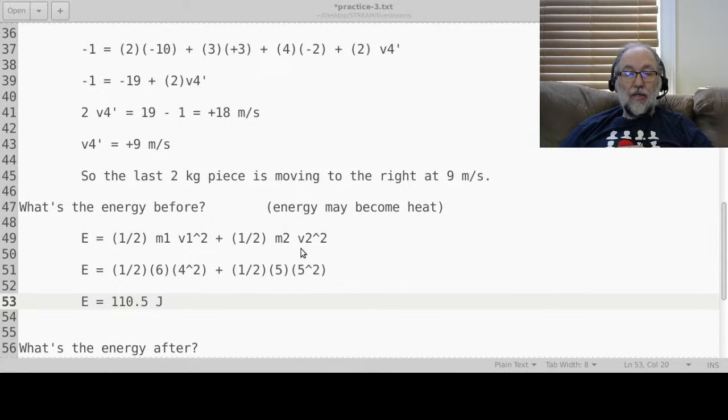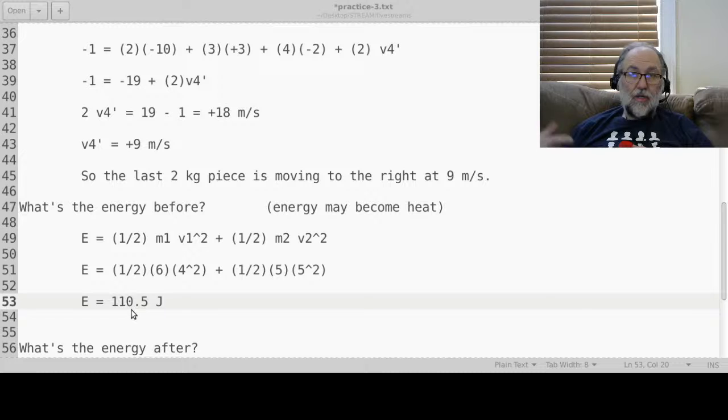But when it comes to energy, because the velocity is squared, the negative sign drops out, okay? So -5 squared gives you the same number. It's 25, okay? So when you square a negative number, the negative sign disappears. So I dropped it out there just to make it easier to write down. But this works out to 110.5 joules, okay? So that's your energy before the collision.